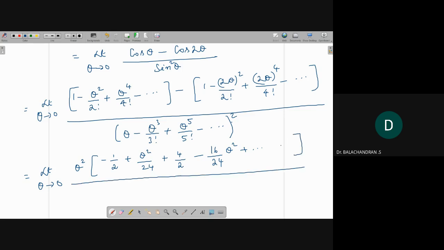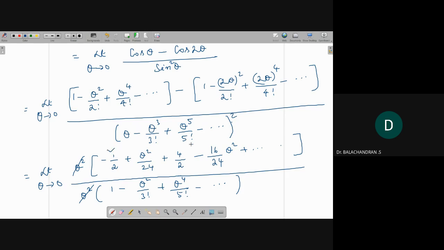Similarly, if I take theta common in the denominator, I have theta square, and the remaining is 1 minus theta square by 3 factorial plus theta power 4 by 5 factorial minus and so on. So theta square gets cancelled, and then apply limit theta goes to 0.